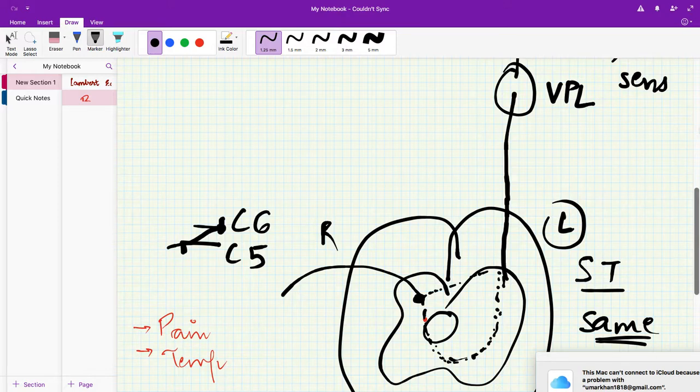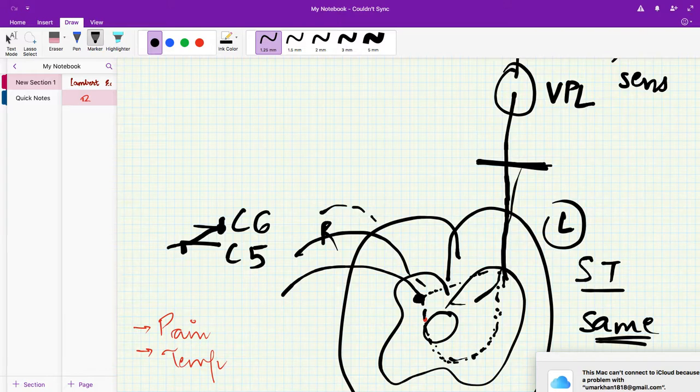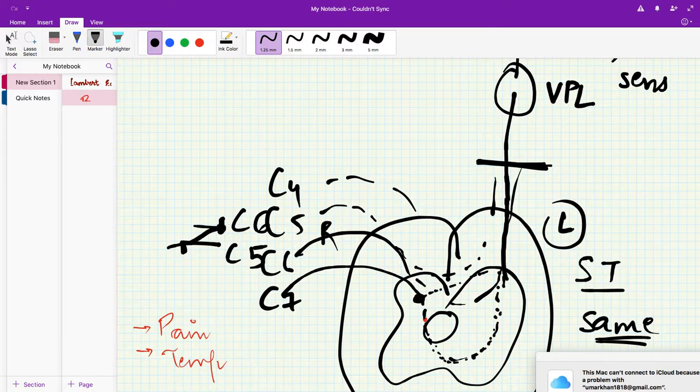So if there is a person who's having a cut at any level, like a cut is over here, obviously when we're discussing below the site of lesion, all the spinothalamic tracts of different levels are coming from below the lesion, they're all coming from the opposite side. Okay, for example, C7, C6, C5, C4. So for example, the cut is at the C3 level, so all the spinothalamic tracts are coming from below.